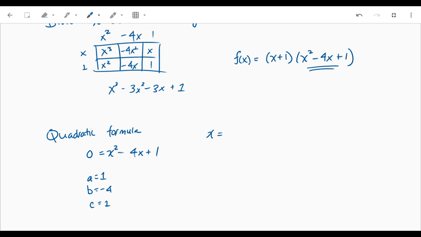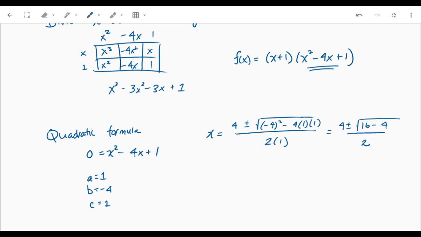So x will be the opposite of b, plus or minus your square root of b squared minus 4 times a times c, all over 2a. Okay, so we're going to have 4 plus or minus the square root of 16 minus 4 all over 2. So 4 plus or minus the square root of 12 over 2. And we do need to simplify these all the way.